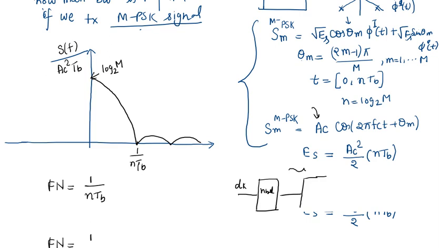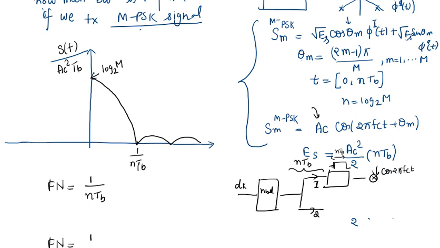Since the duration of both the I and Q line coder is from 0 to N Tb, or sorry, the duration is N Tb, and if we transmit a rectangular pulse, this is only a shifting. Here we are only shifting.